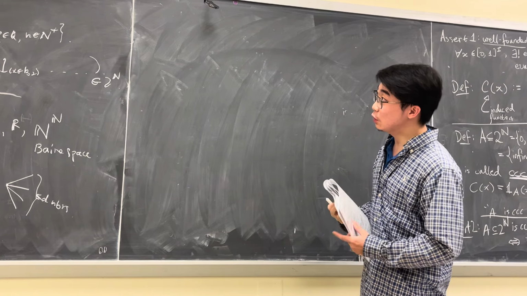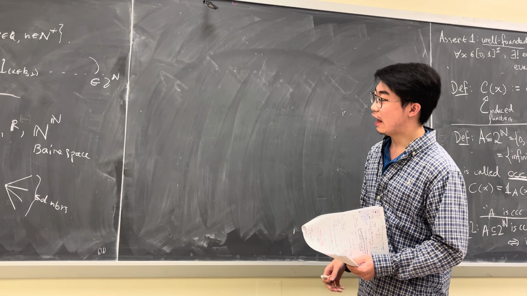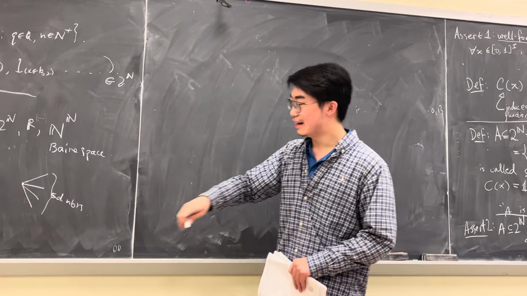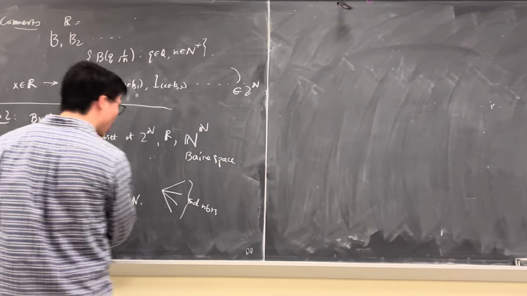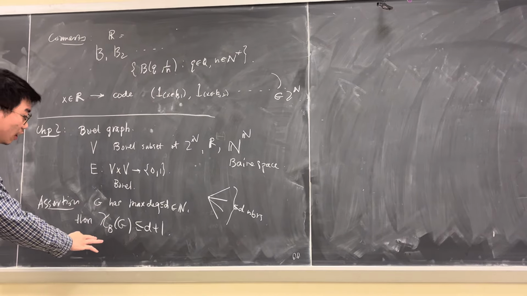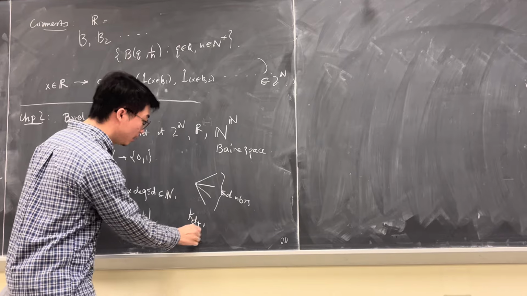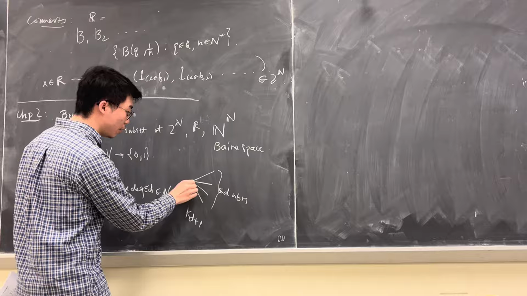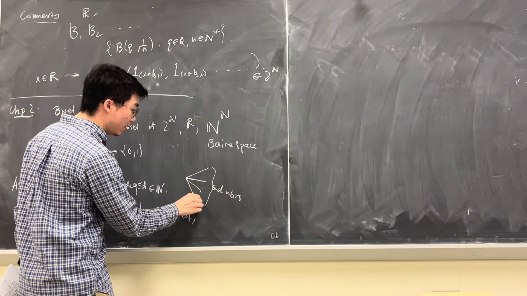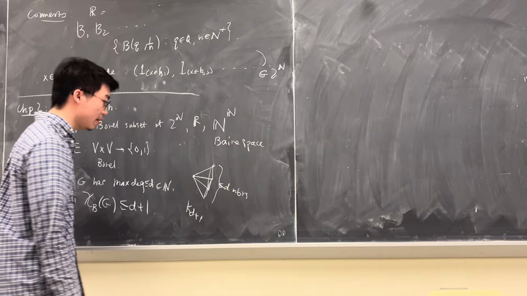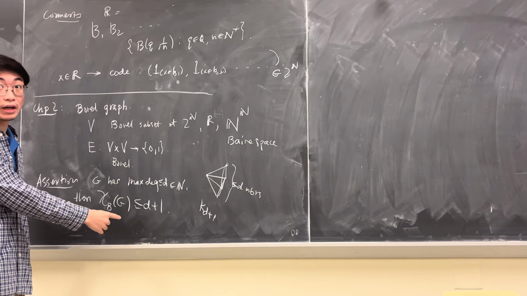I will now define for you a graph. Actually, before I do that, this bound is sharp. Why is this bound sharp? It's because if I have K_{D+1}, the complete graph on D plus 1 vertices, where everybody is connected to everybody else, then in fact I need D plus 1 colors.